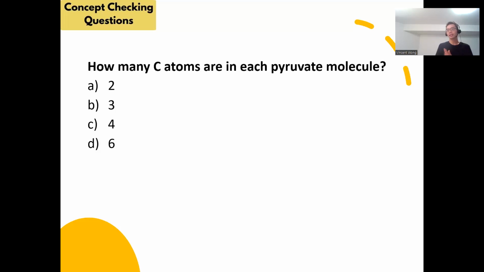Anyone else? All right. Most of you got it right. Pyruvate is 3 carbons, right? Glucose has 6. You split it. 6 divided by 2 gives you 3. 3 carbons.